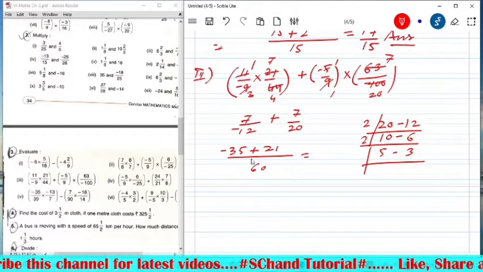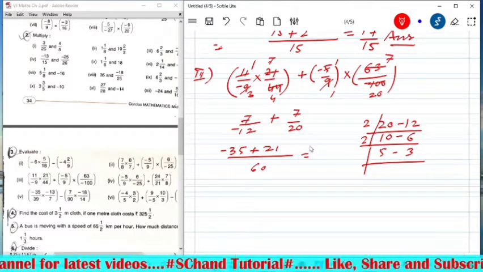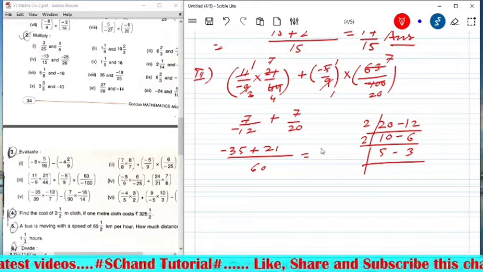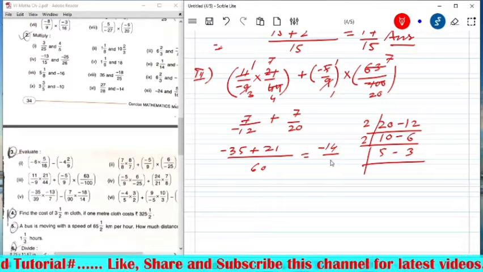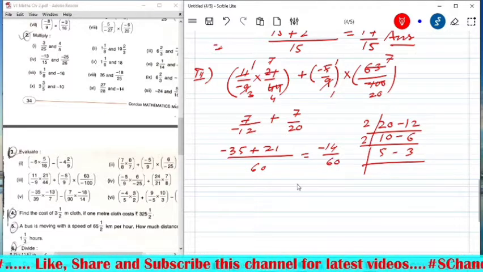So 35 minus 21 would be 14. So it will be minus 14 over 60.